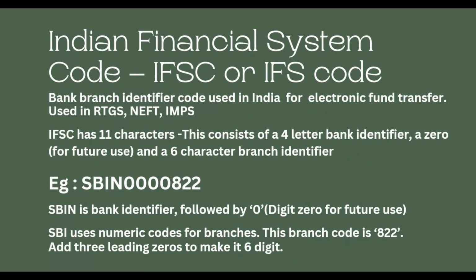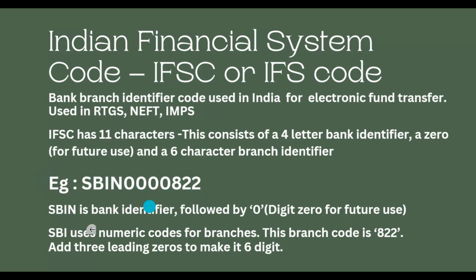Let's first discuss IFSC or IFS code. This is used in electronic fund transfer systems, RTGS, NEFT and IMPS in India. IFS code has 11 characters. It consists of a 4-letter bank identifier followed by the digit 0, which is reserved for future use, followed by a 6-character branch code.